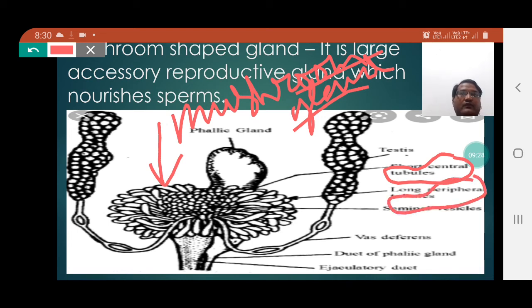Now students, we also can see here that the central tubules are short tubules and the peripheral tubules are long tubules.